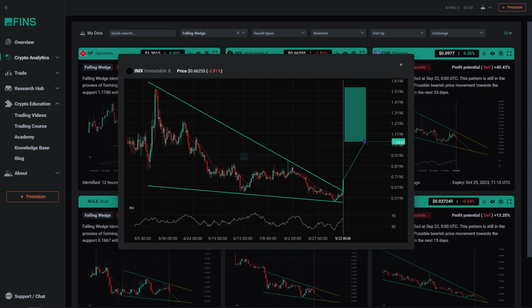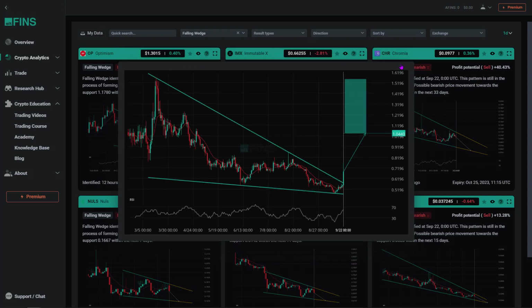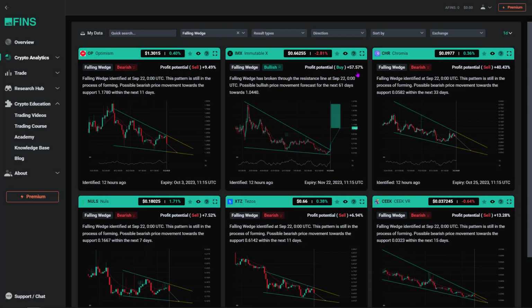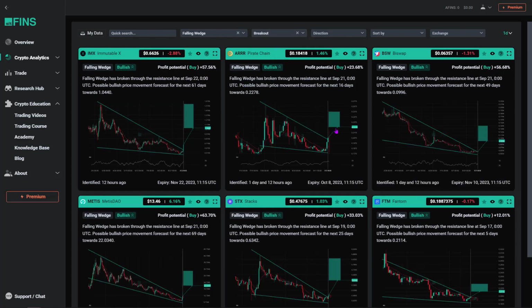Upon the breakout, the price is expected to go about that width. So we've got a potential 57% upside here. That's a pretty significant upside potential. We can also filter here for just the breakouts, and there are several breakouts here, in fact, that you can see on the falling wedge patterns.